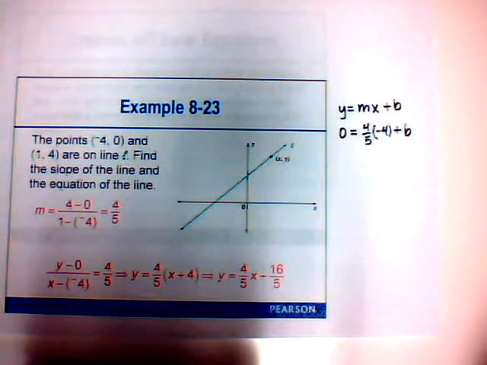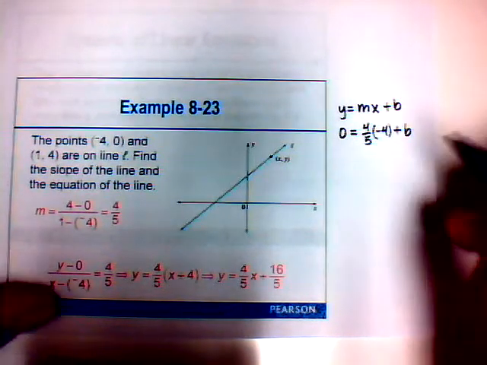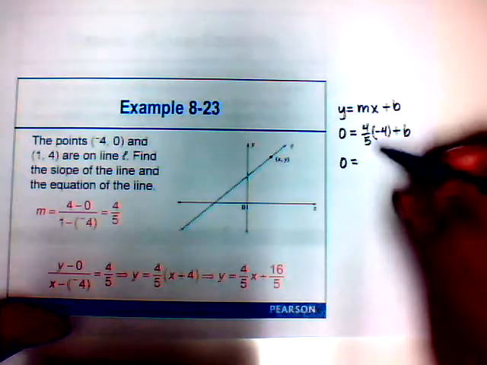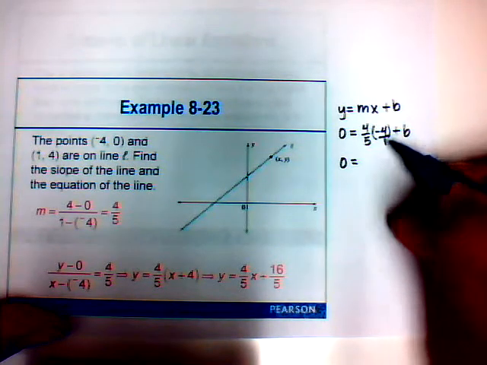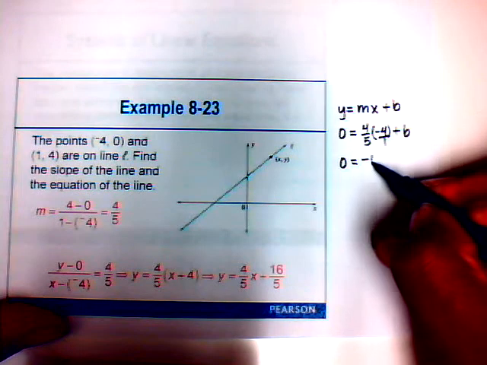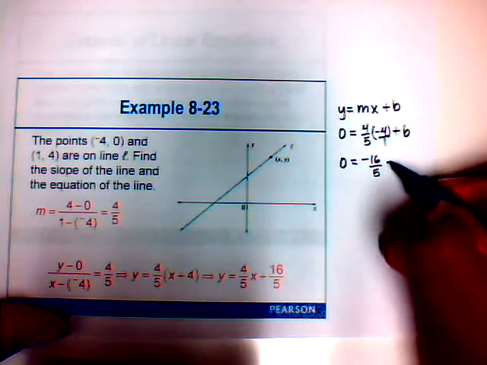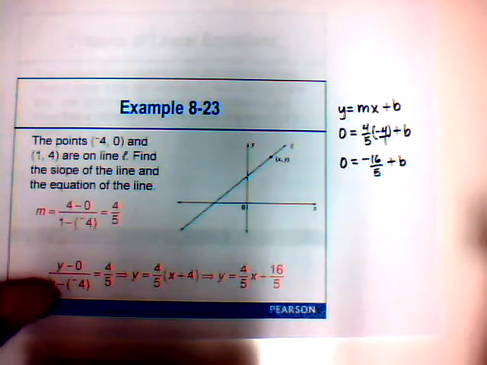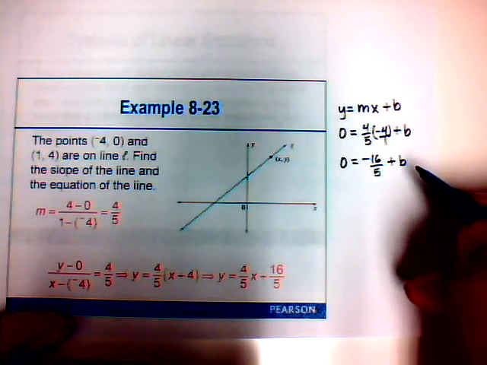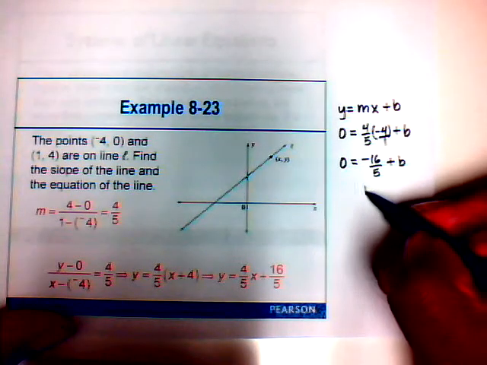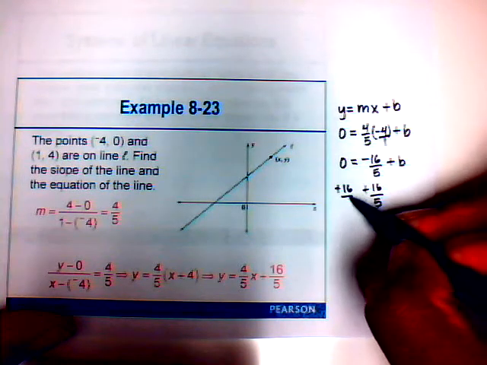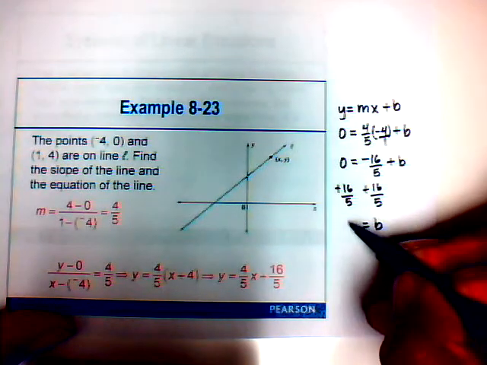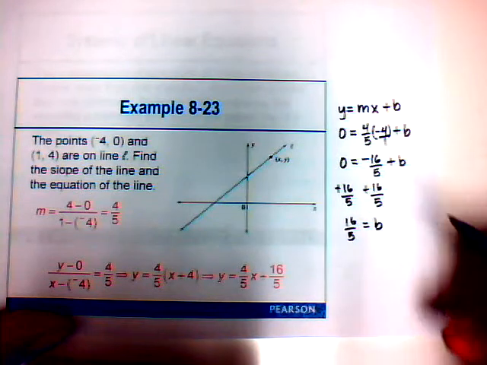Because I want to find out what b is, which is the y-intercept. I know what the slope is. Okay, so now I have 0 is equal to 4/5 times negative 4 over 1. That's going to be negative 16/5, then plus b. Now to find out what b is, well, I got minus 16/5, so I'll add 16/5 to both sides. So that means that b must be equal to 16/5.